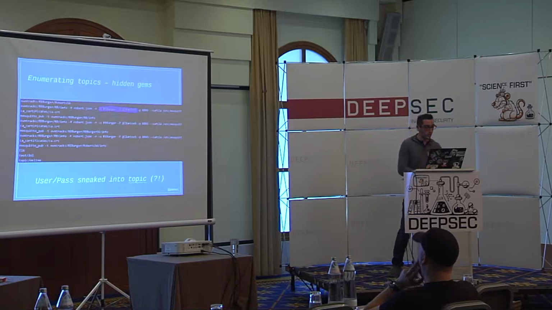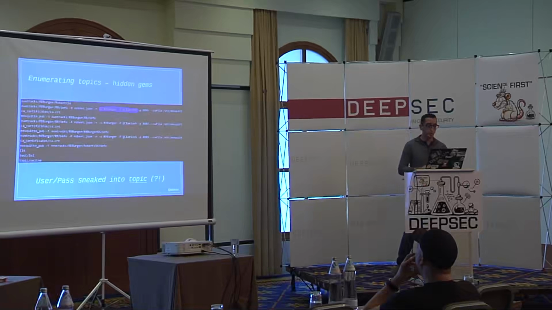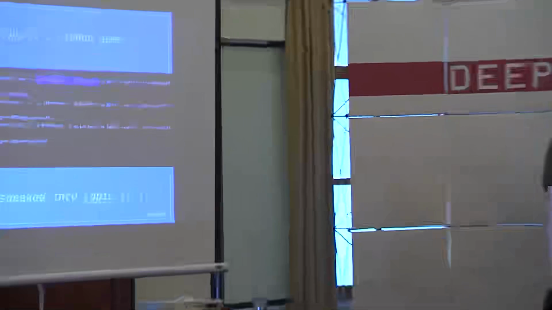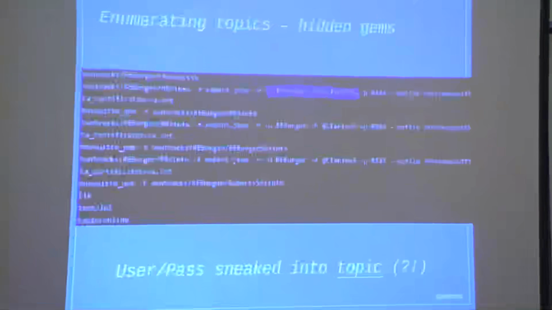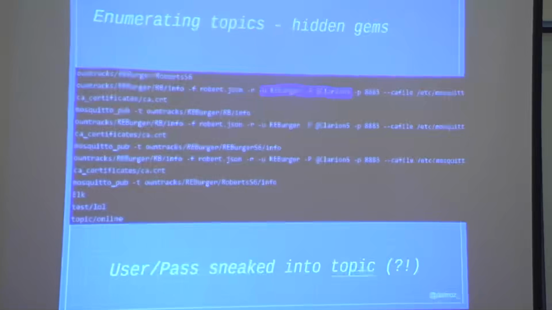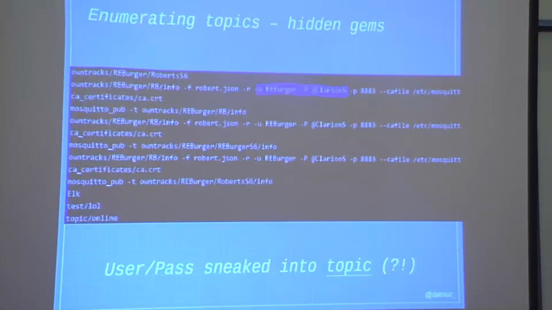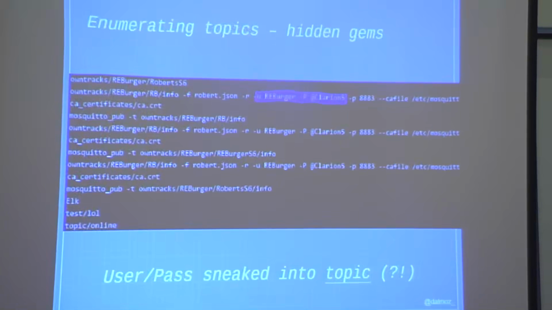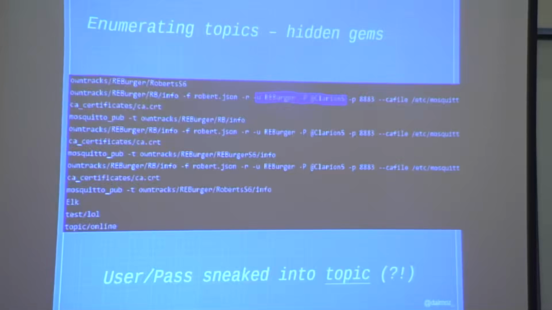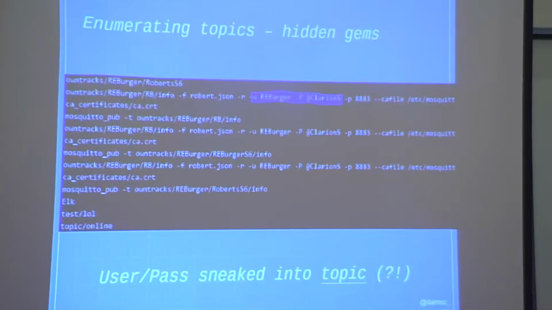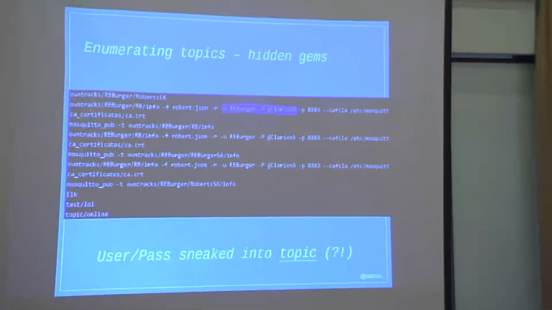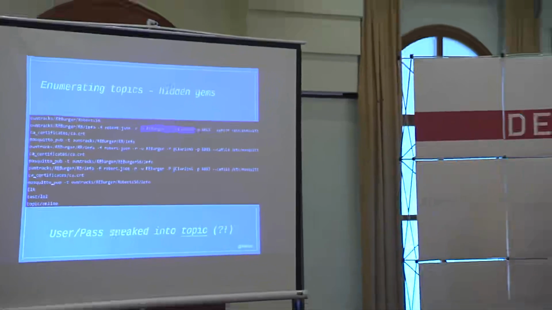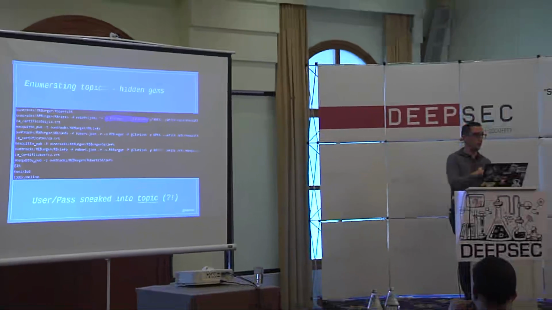It says something like mosquitto_pub -f robert.json -r -u, some kind of username, -p, some kind of password, and then again the port that is used, the CA file that is used, etc. The person who set up the Mosquitto server there apparently used some kind of bash file to install the topics that he wanted, but it was entered as topics, and not as the actual commands into the bash prompt, for some reason. And of course, I won't recommend any of you to use those credentials against its SSH port, which happened to be open to the world.